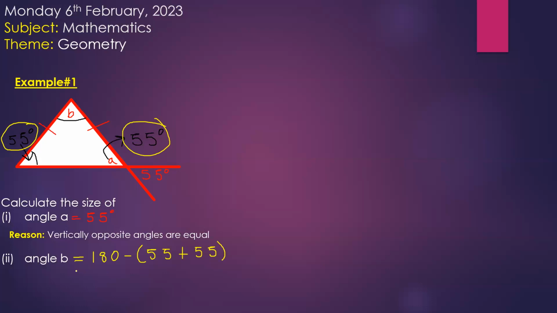It's going to be equal to 180 degrees minus 55 plus 55. What is 55 plus 55? 110. Very good, 110. 180 minus 110 equals 70 degrees. 70.